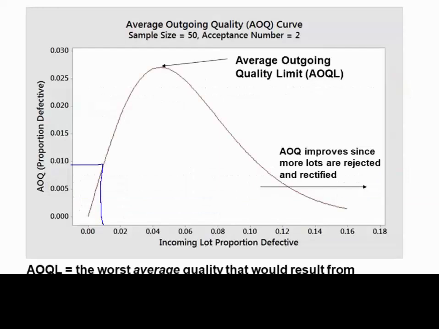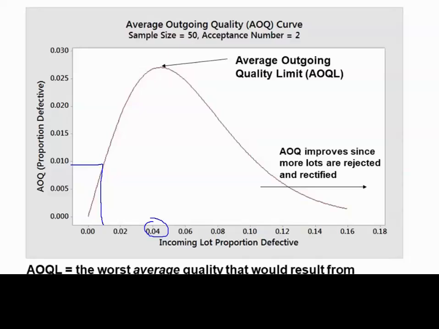Now you can see here, we happen to pick a point in our example that didn't really change the quality much. But imagine we were using this sampling plan on lots that had around 4% defective. We would be rejecting more lots. Looking at the OC curve, we'd see more lots rejected, and we'd fix all those lots, right?